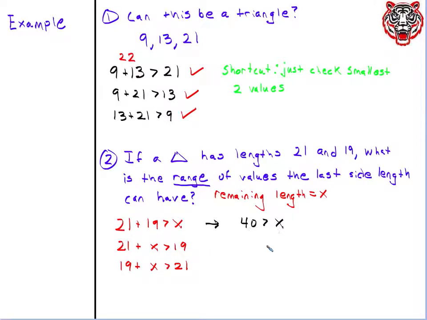So x needs to be greater than -2. All right, that looks good. And finally, over here, if I subtract 19 on both sides, then x has to be greater than 2. I'm going to switch this one around a little bit just to make it more consistent. So this one turns into x is greater than, sorry, that's not right. x is less than 40.